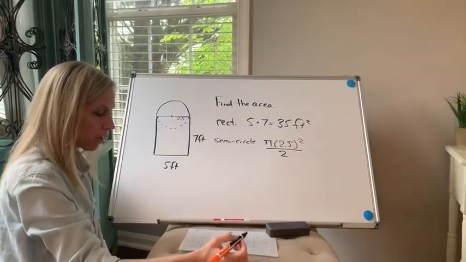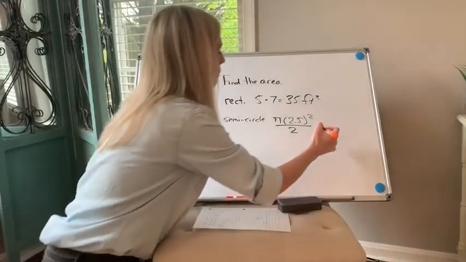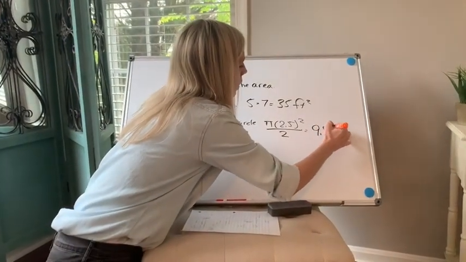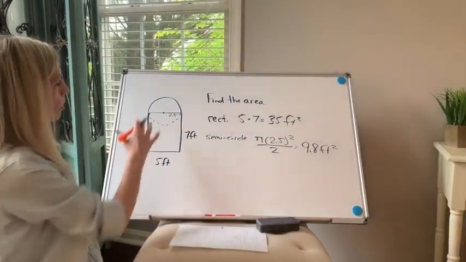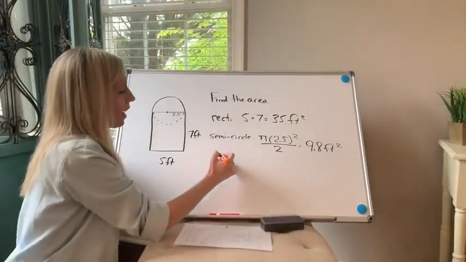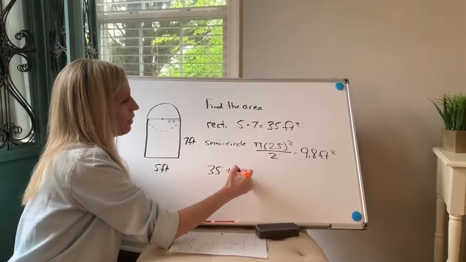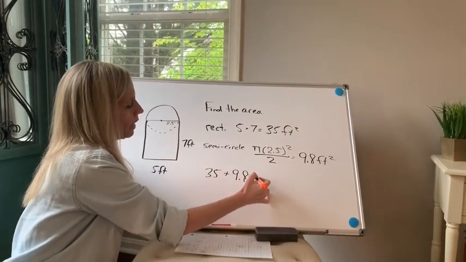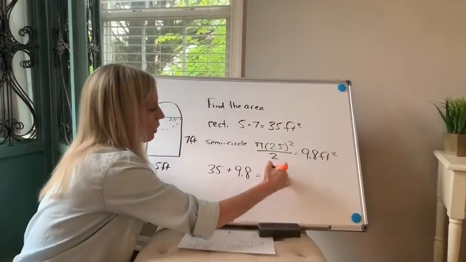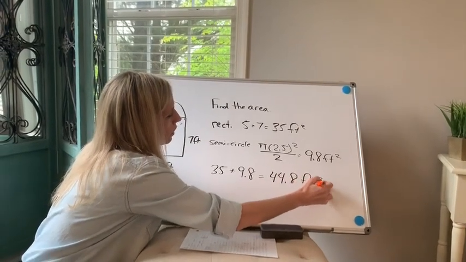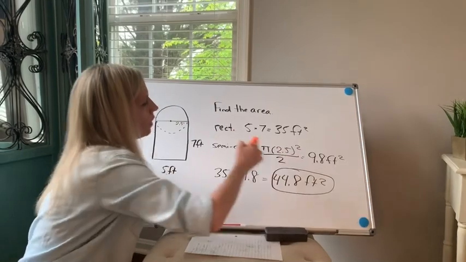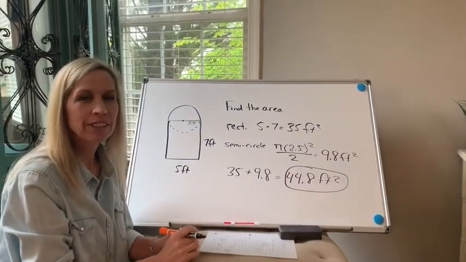And that ends up being 9.8 feet squared. So then to determine the total area, I'm just going to add them together. So I take 35 plus 9.8, and my final answer is 44.8 feet squared. All right, and that's our last problem for the day.